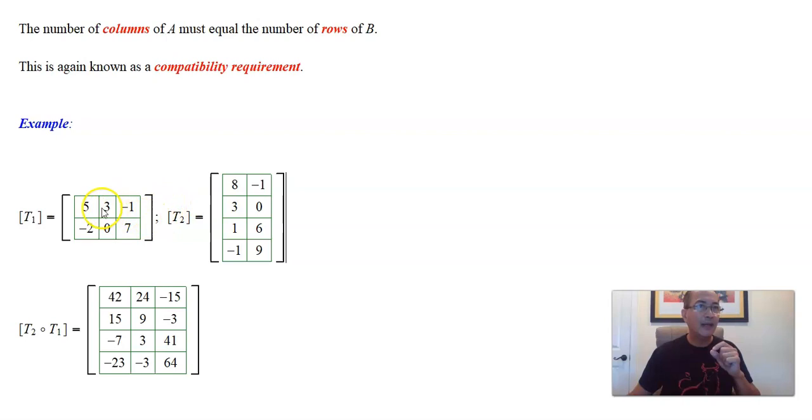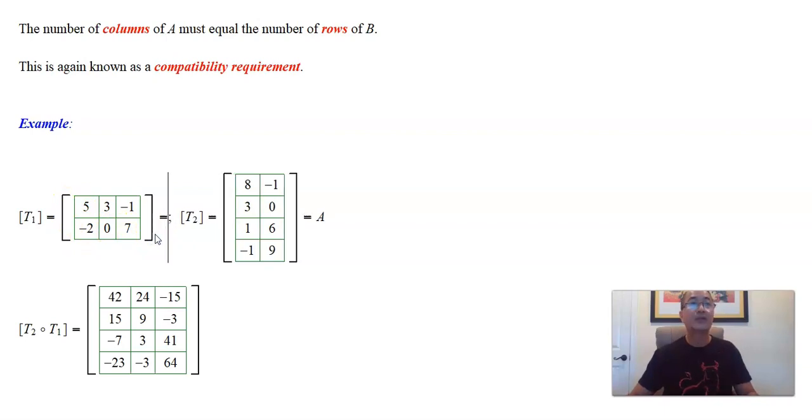So are you the A? If this were A, we have 3 columns here, but 4 rows over here. Whoops, nope. So let's try this for the A. The number of columns of A is 2, and the number of rows of B is also 2.